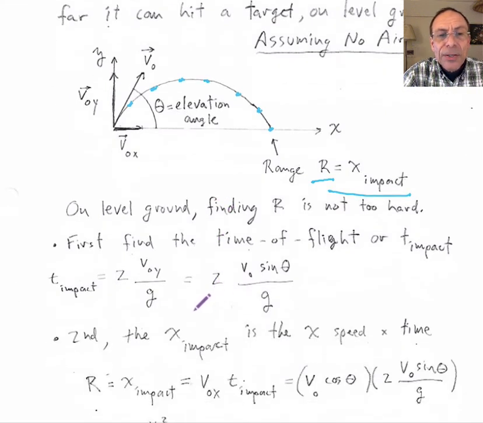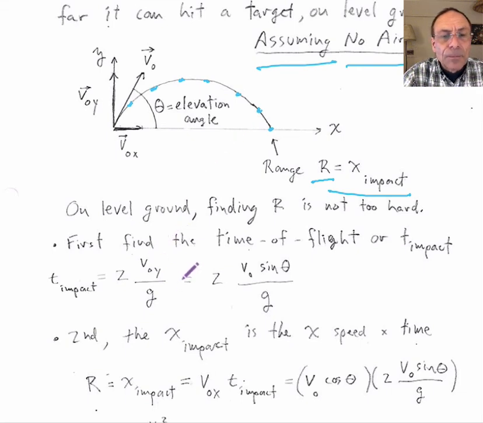So the first thing that you need to do to do this calculation is to know how long the cannonball is in the air. And okay, I forgot to say, but we are assuming no air friction, no air resistance.